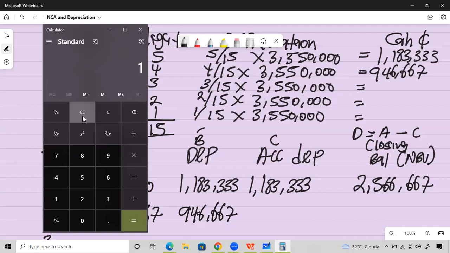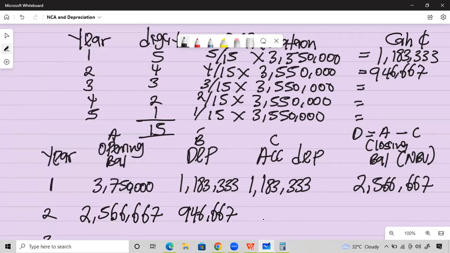The accumulated that you have in year 1 is 1,183,000 plus 946,667. Then you have 2,130,000. So you write 2,130,000 here.